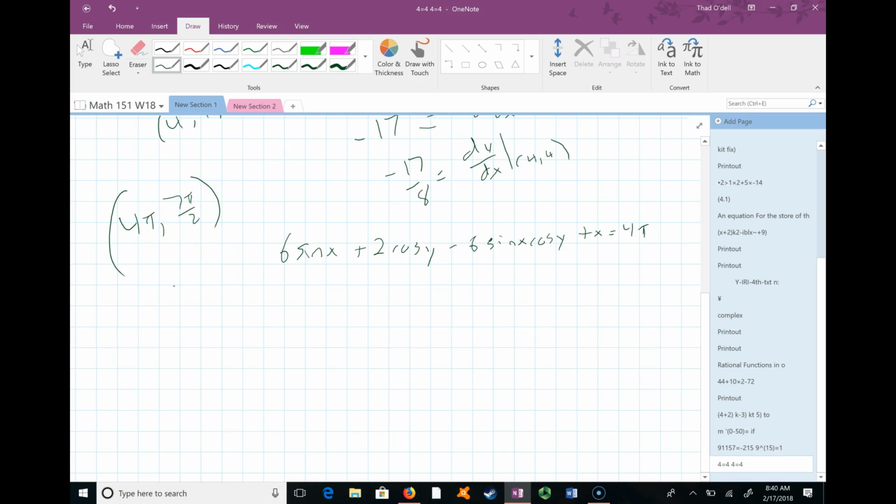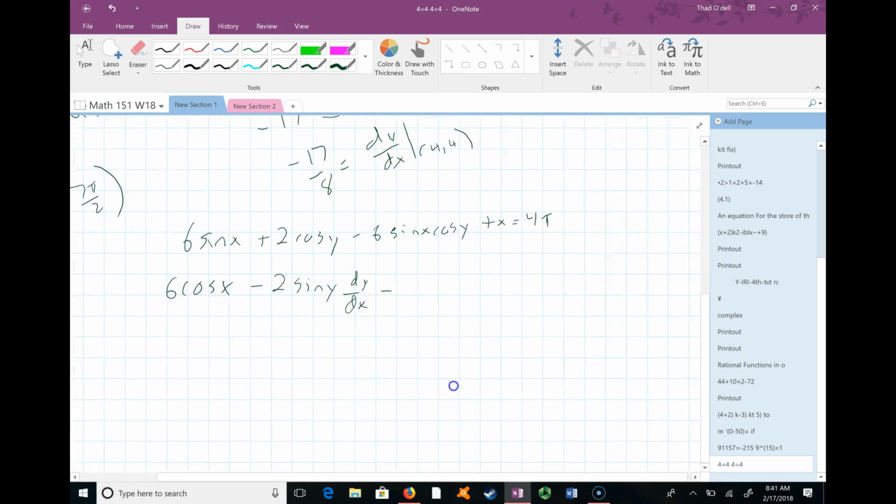So first of all, I've got to take the derivative. The derivative of 6 sine x is 6 cosine x. The derivative of 2 cosine y would be negative, so that would be negative 2 sine y dy dx. And that's going to require the product rule.